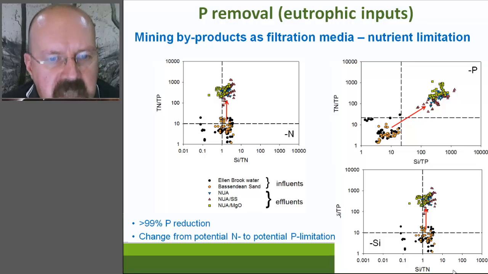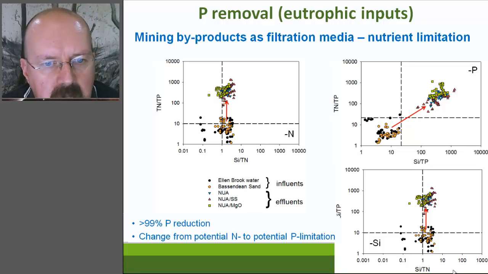So if we look at the first example, the black circles, we have Bassendean sand, the actual soil that the Ellenbrook water flows through. So I treat those as the inputs. And then we have the 3 types of effluents using NUA and the steel, or NUA and calcined magnesia actually, as the column media.